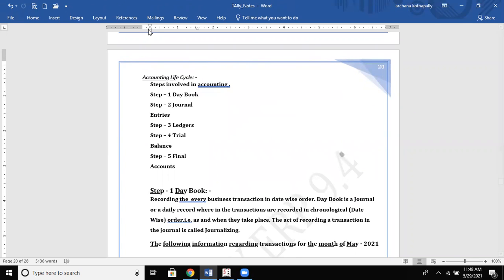So first is all about maintaining your journals, day book. So usually you maintain a day book, right? So we are going to maintain a day book. Then journal entries, ledgers, trial balance, final accounts.